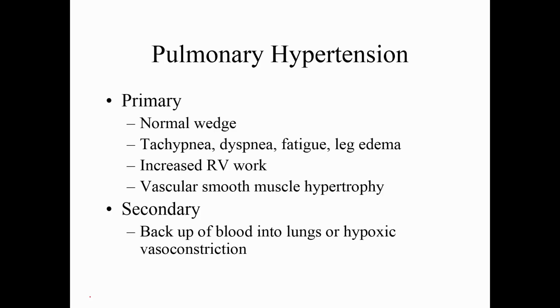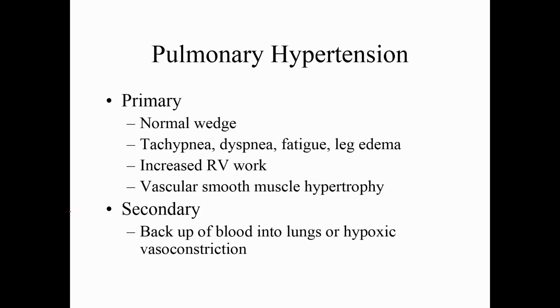So you can take a catheter and insert it into the blood system, wedge it into the capillary system, and then you measure something called wedge pressure. It is an indication of influences of the systemic circulation backing up into the lungs.